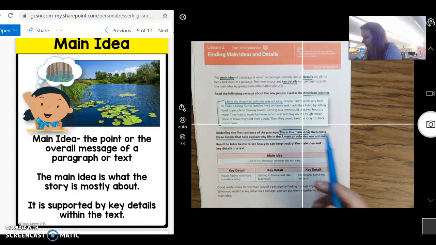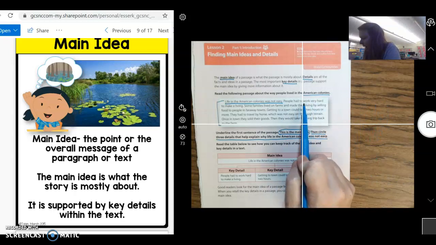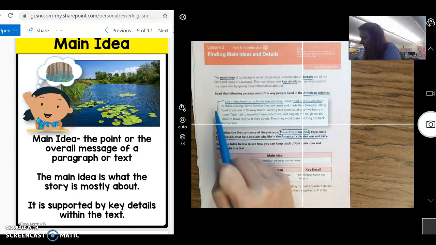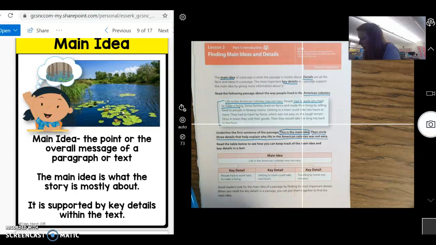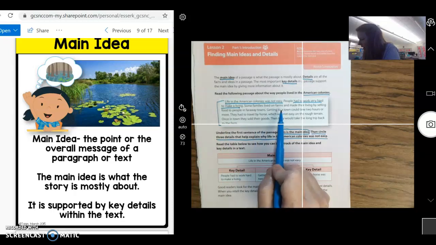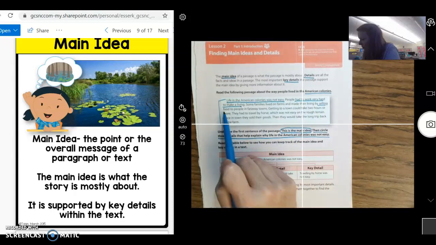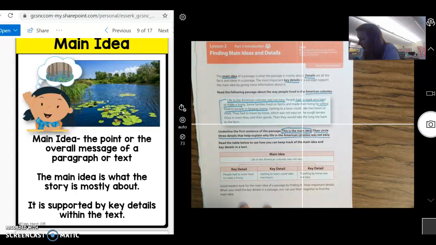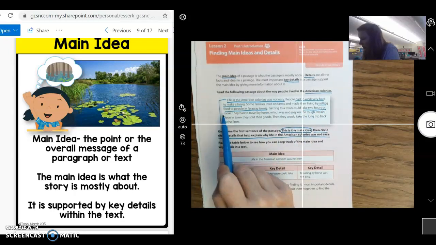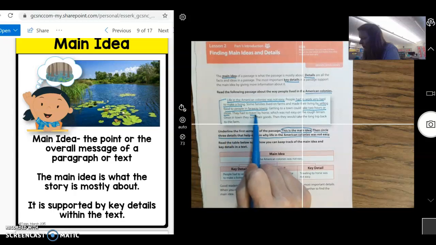Okay, let's see what you did. You should have said something about how they had to work very hard to make a living. You also could say something about how they would have to sell food to people in faraway towns. Sometimes that travel would take 2 hours or more, and that they traveled by horse.